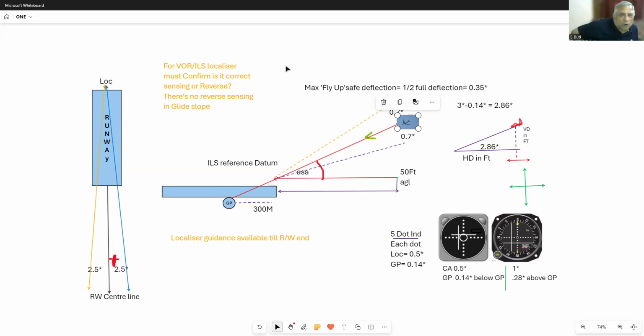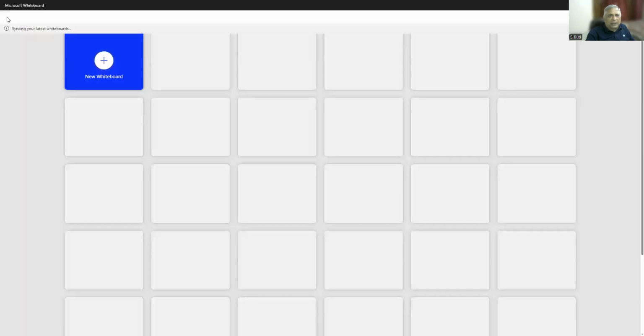So if you are on any other radial, then it will show you a deflection. So OBS is the guiding factor for your VOR as well as ILS.